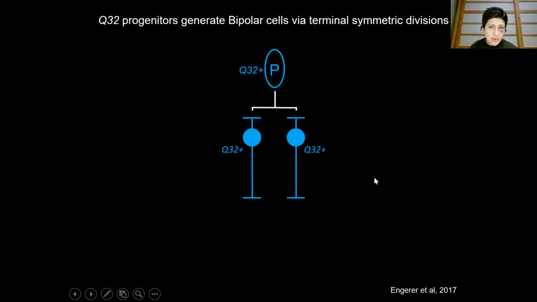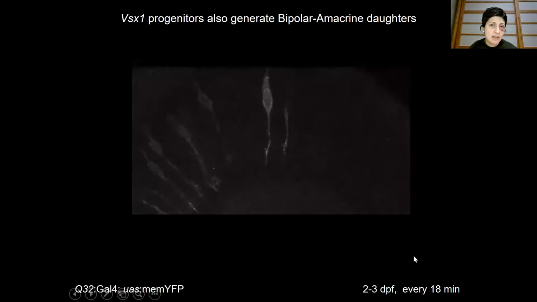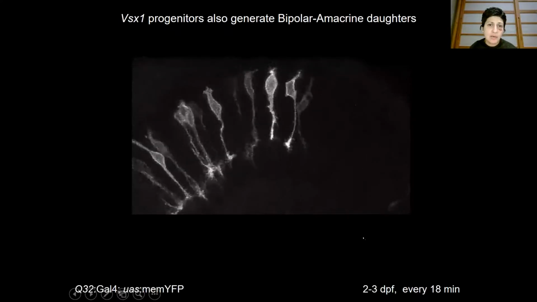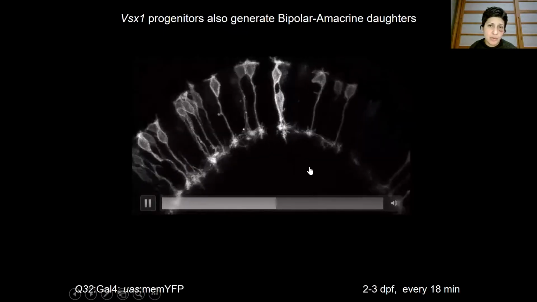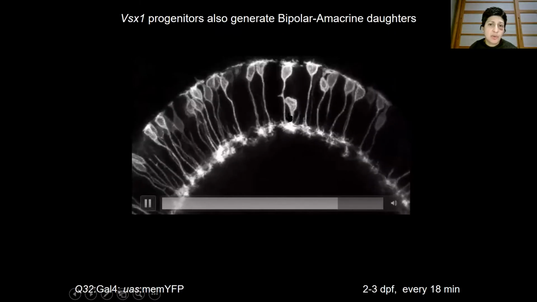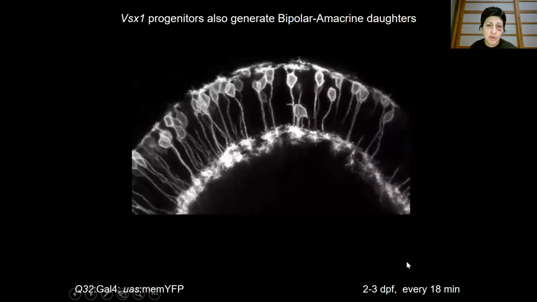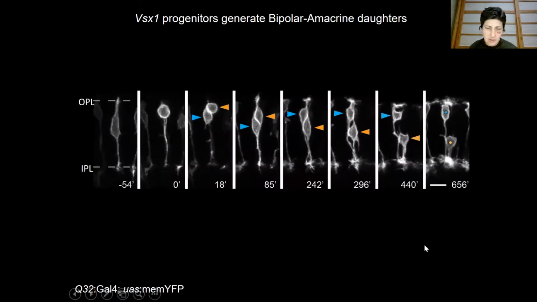Okay, so we were able to confirm that, but excitingly, we were also able to see mitotic divisions that generated bipolar cells and amacrine cells, which I hope you will notice now, with the cell losing its apically directed process and assuming the morphology of an amacrine cell. Here is the time-lapse panel, essentially in a static image that you saw earlier.